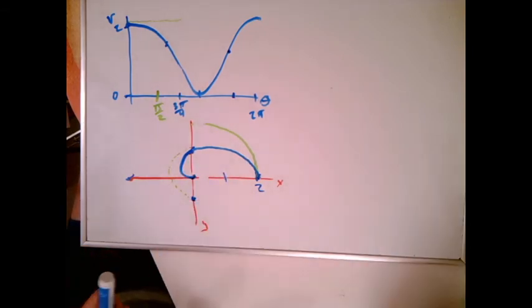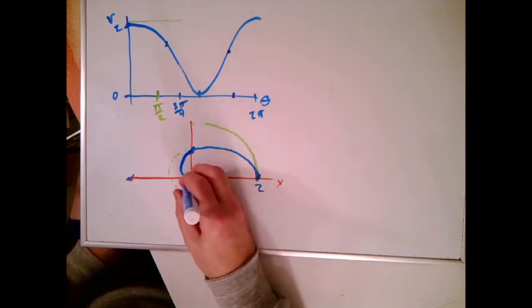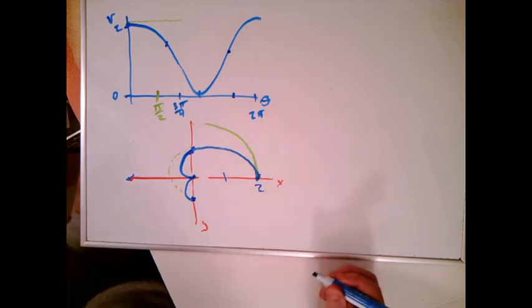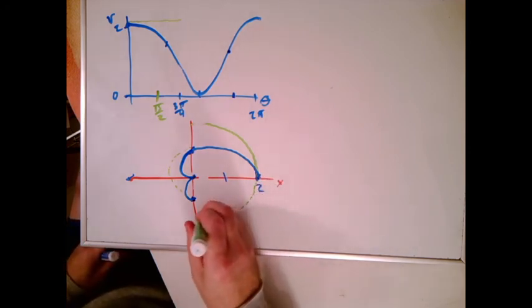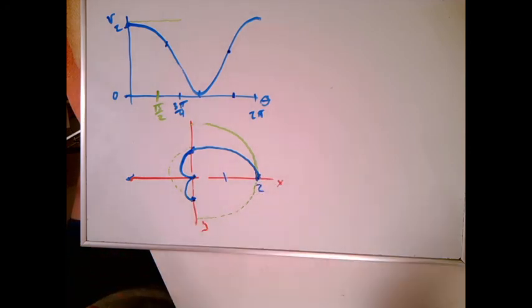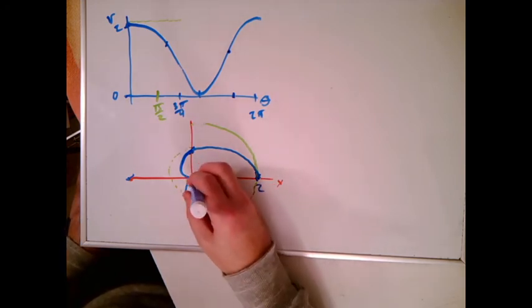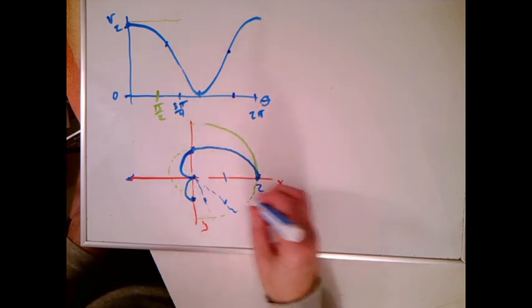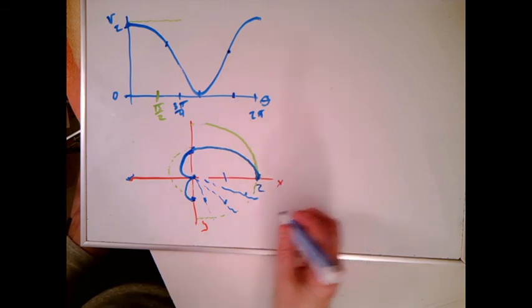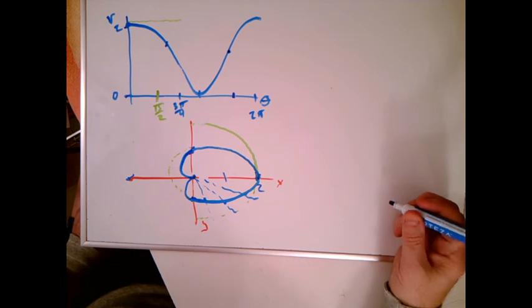What we get is an r that gets closer and closer to that height. It's going to come out like that. And at the very end, I'm working a little bit backwards here. If r were always 2, it would look like that. So as theta gets bigger, r gets bigger, and what I'm going to get is a mirror reflection of the top part.